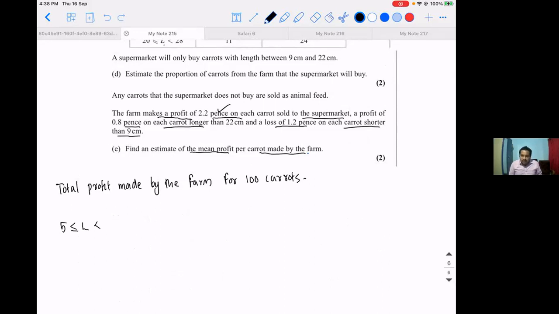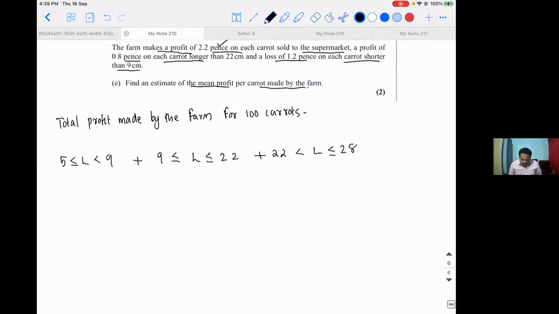So first of all, we need to find the total number of carrots shorter than 9, plus the total number of carrots between 9 and 22, plus the total number of carrots greater than 22. Maximum, it is going up to 28. So we know that it is 80.25, from the previous problem we calculated it is 80.25.